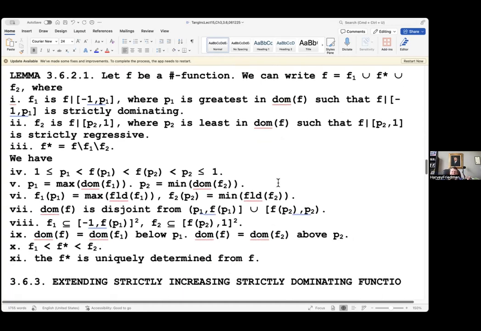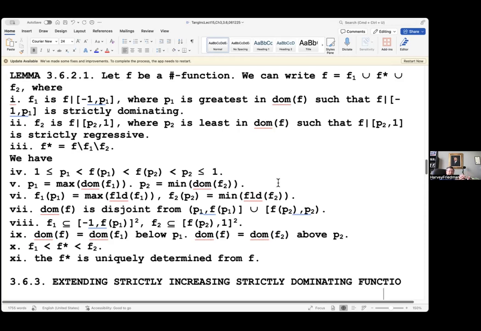Suppose f is a sharp function, then I can write f as f1 union f star union f2. So I can split the function into 3 pieces, where f1 is deterministically defined to go out as far as you can so that you're always strictly dominating.